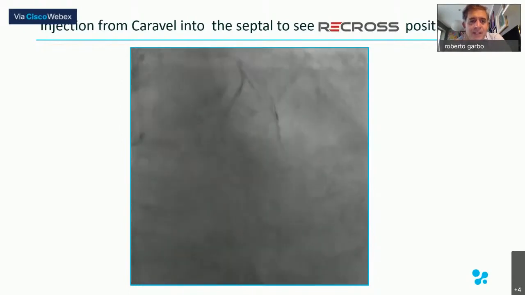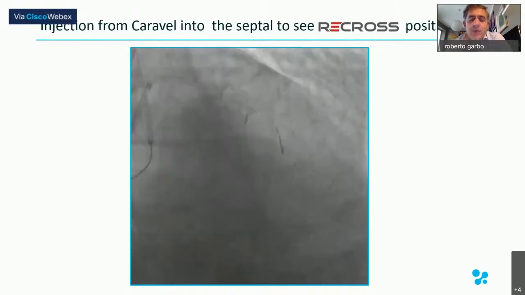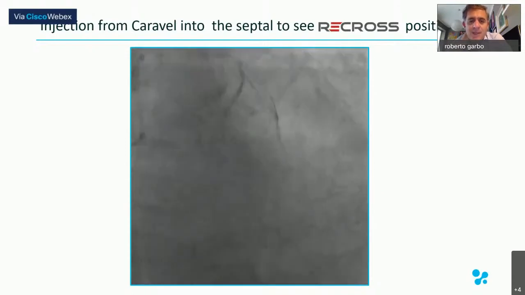It was an 8 French guiding catheter because it was a complex LAD. So I took a Caravel in the septal, and you can see here clearly that we have the Recross in the subintimal space, and on the left we have our true lumen.